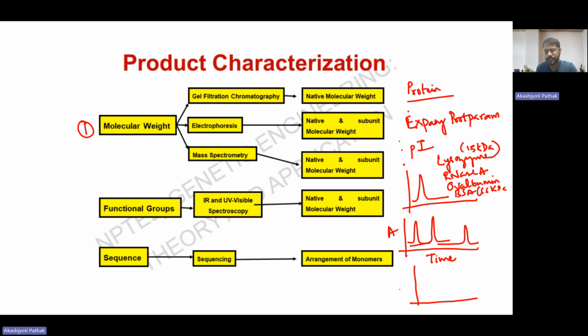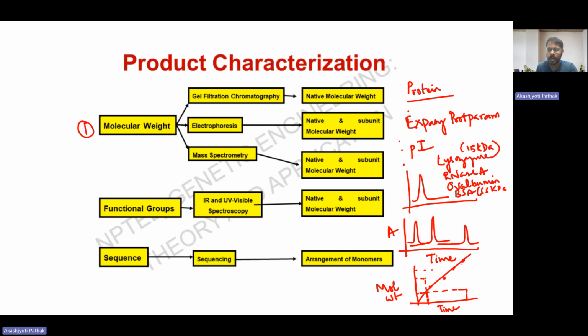If you plot the molecular weight on the x-axis and the time on the y-axis, say for example, this is 15 kDa, this protein is getting eluted somewhere here. Your 66 kDa protein is getting eluted here. Then something else is getting eluted. We will get a standard curve like this.